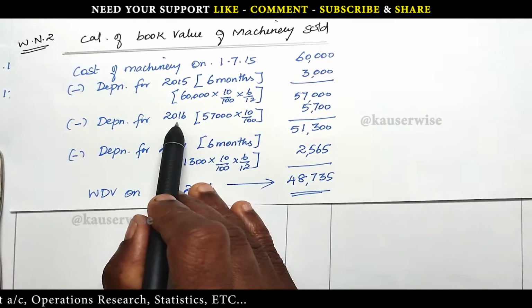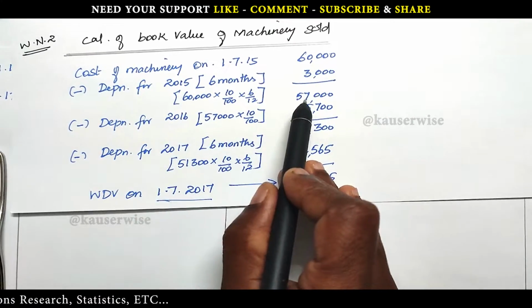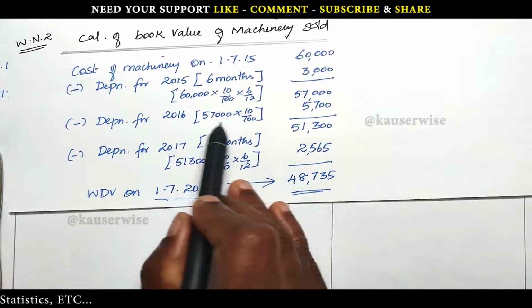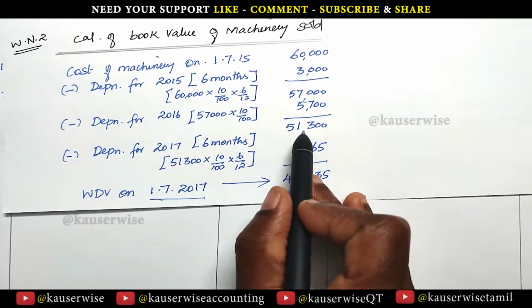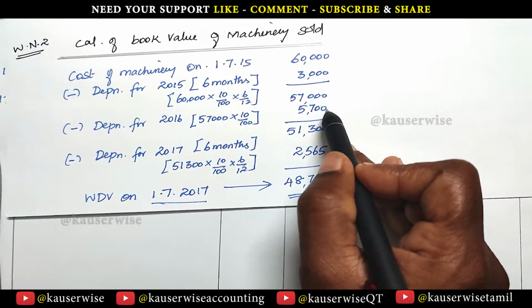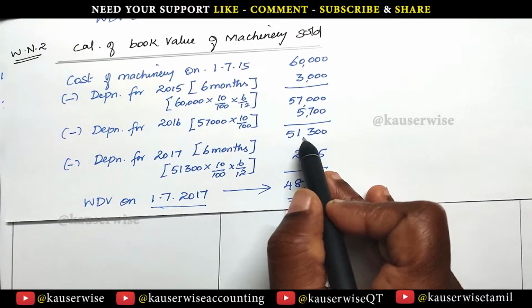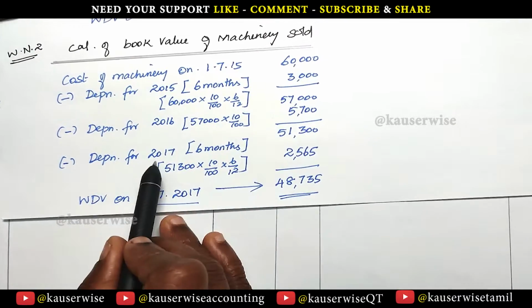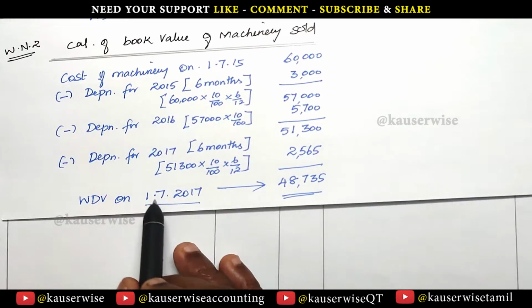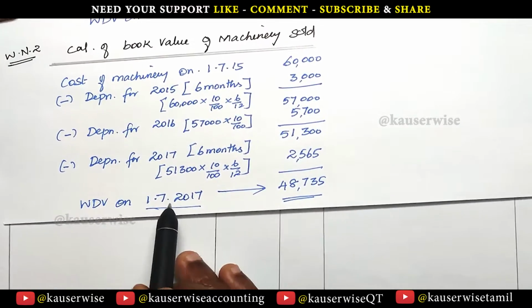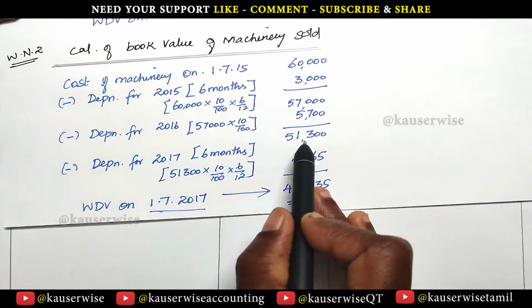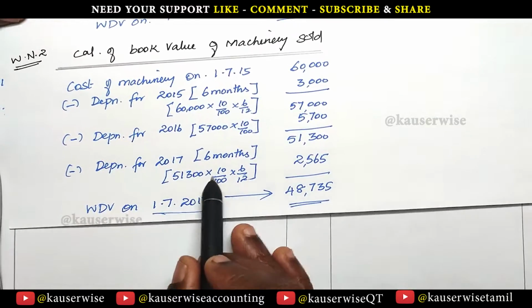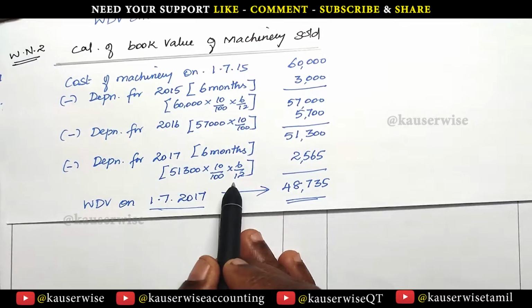Again, second year we have to calculate depreciation. 57,000 into 10% for the full year, 5,700. And this is the WDV value after charging depreciation for the second year, 51,300. And in the year 2017, that is on 1st July 2017 till this date, how many months? Only 6 months calculation, 6 months depreciation. 51,300 into 10 percentage into 6 by 12, how much?